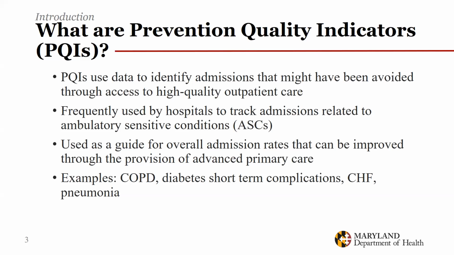And conditions like pneumonia, where clearly someone who develops a pneumococcal pneumonia could have largely been prevented by giving an immunization. So those are sort of the categories. There are other things in that category, but these are fairly emblematic of the kinds of conditions that we're talking about when we're talking about providing high-value care in the primary care setting, and things that can be intervened upon to avoid these PQIs.